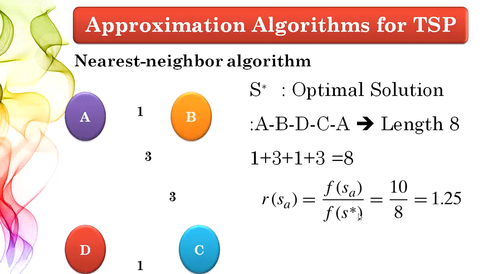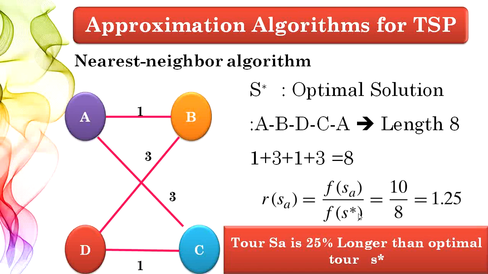So we obtain A to B, B to D, D to C, and C to A as the optimal solution with a length of 8. So finally I conclude the approximate solution SA is 25% longer than the optimal S star.